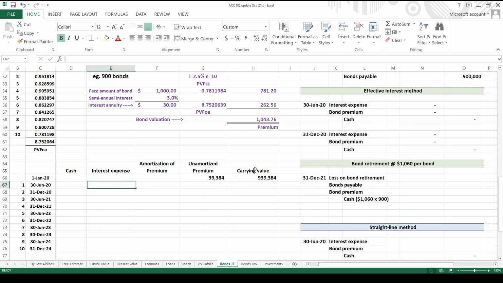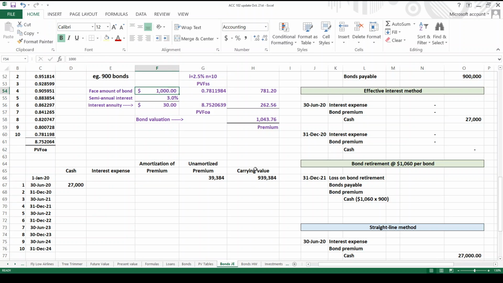All right, so what's the cash going to be? Well, the cash is going to be based on the bond rate. So I could take this number here, $30 per bond, and multiply it times 900, and I get $27,000. Or I could just look at it as, well, 900,000 times 0.03. So the face amount of the bonds is what drives the cash payout, yeah?